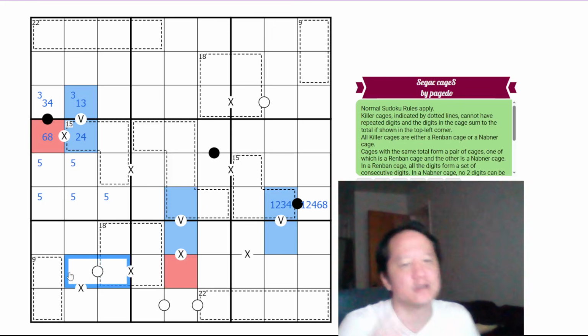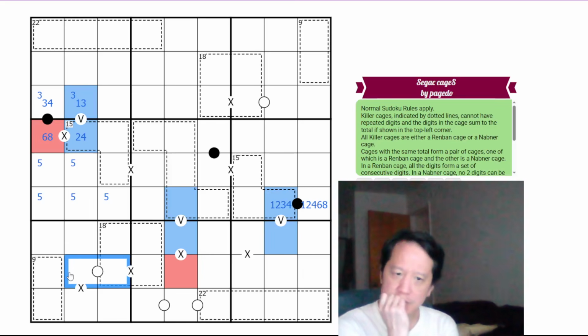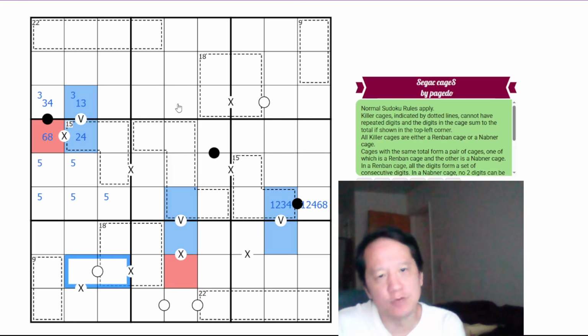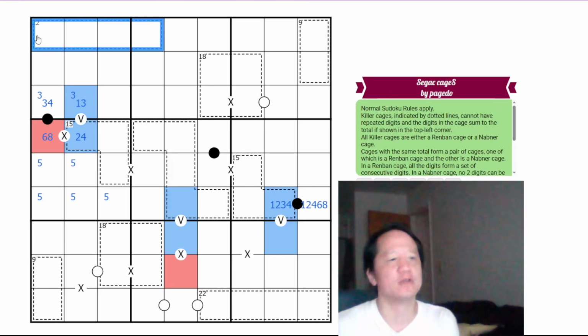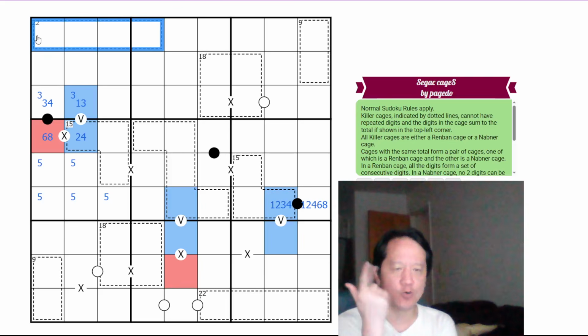These digits are consecutive. That's interesting. So for the Renban cages, let's do the Renban cages. For 9, it's 4 and 5.